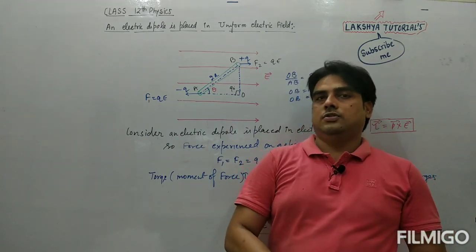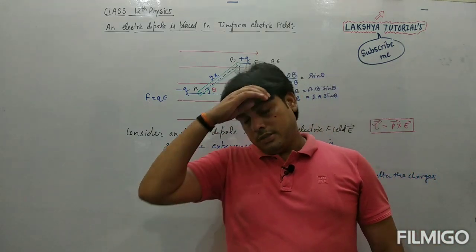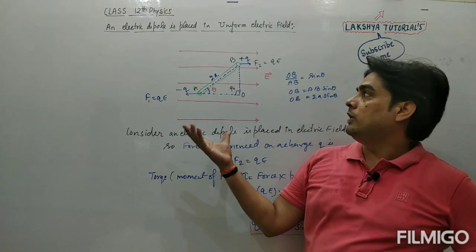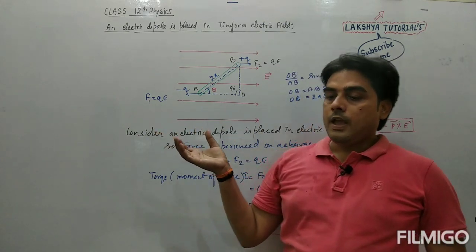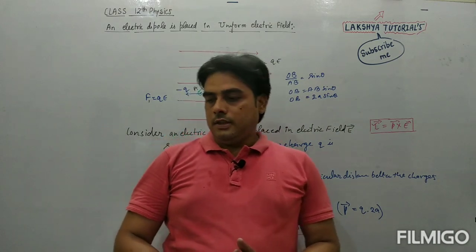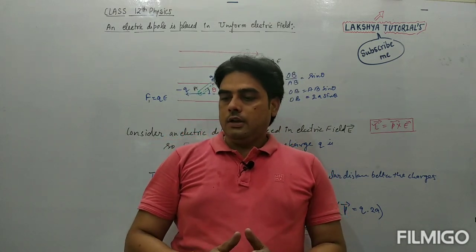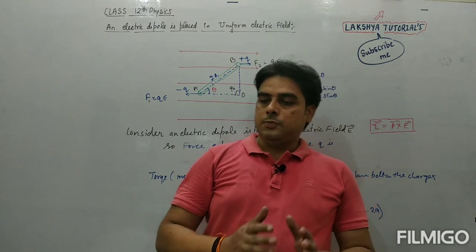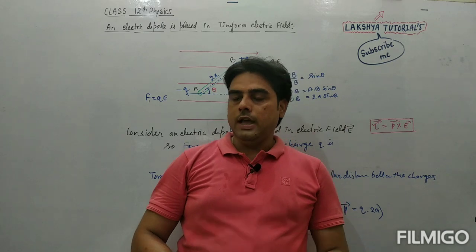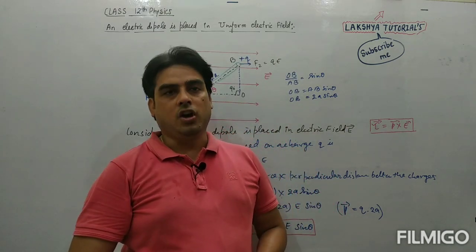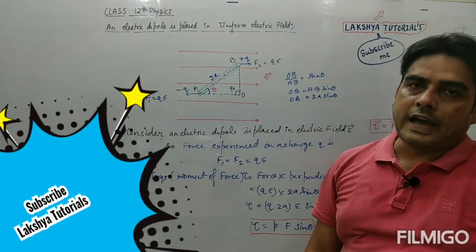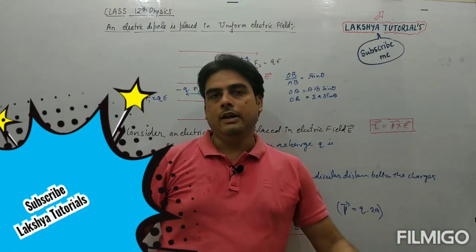So the net force on a dipole is zero. When a dipole is placed in a uniform electric field, it experiences no net force. No net force is applied on it, but it experiences a torque, and the value of torque tau is equal to P cross E.